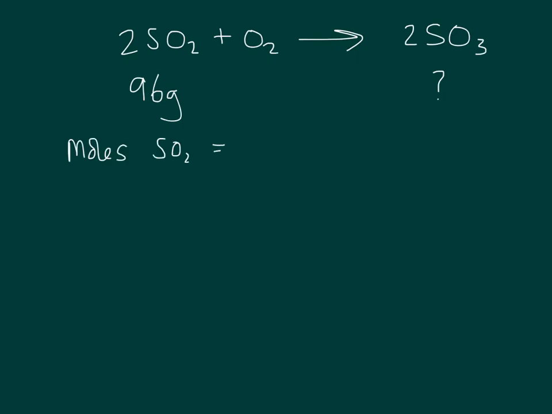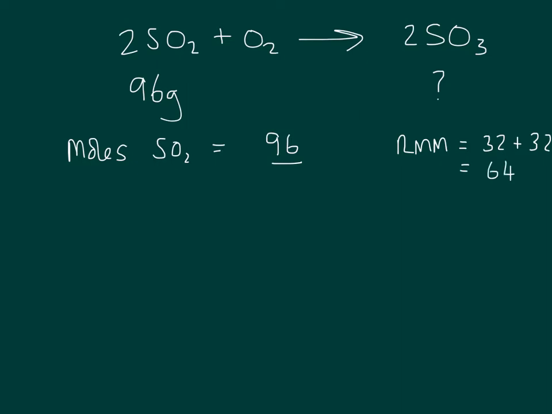First of all, we have to work out the number of moles of sulfur dioxide. So moles of SO2 equals the mass that we have, which in this case is 96, divided by the relative molecular mass, and the relative molecular mass equals 32 for sulfur plus 16 times 2, which is 32 for the oxygen, equals 64.